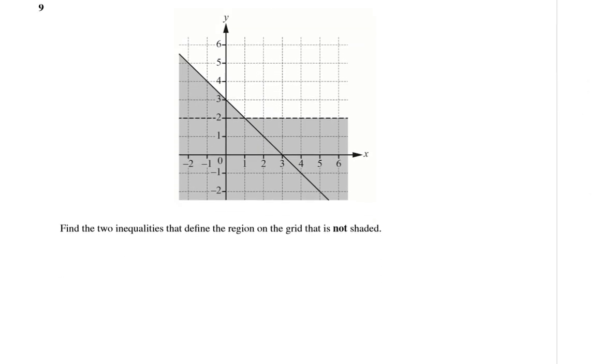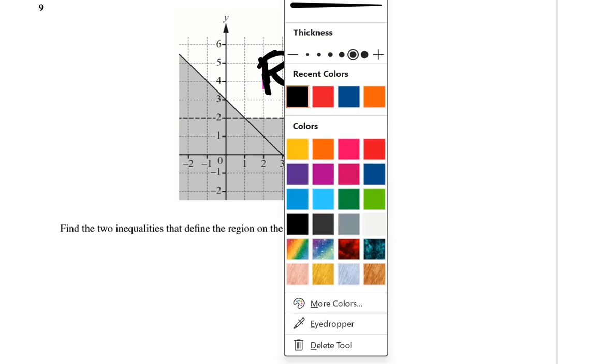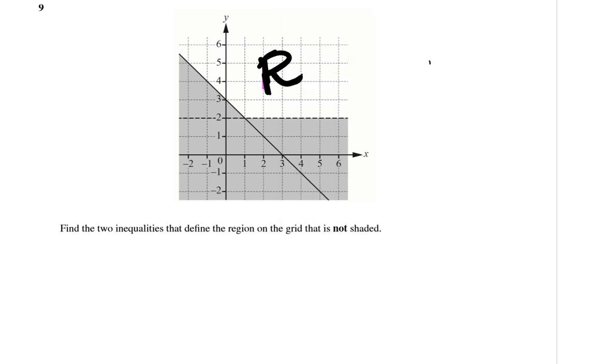Next question. Find the two inequalities that define the region that is not shaded. Not shaded is this. This is my region R. So this might be an easy one.